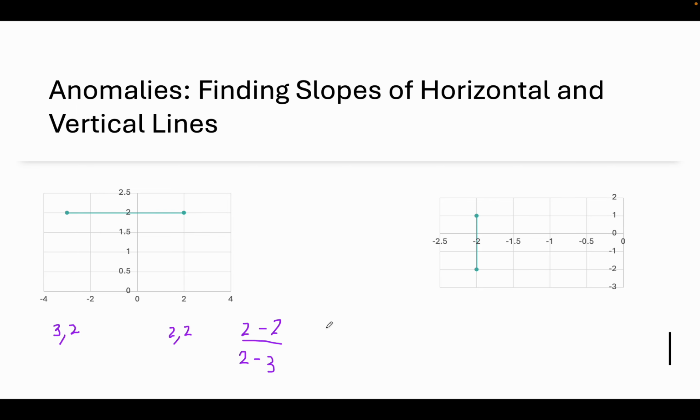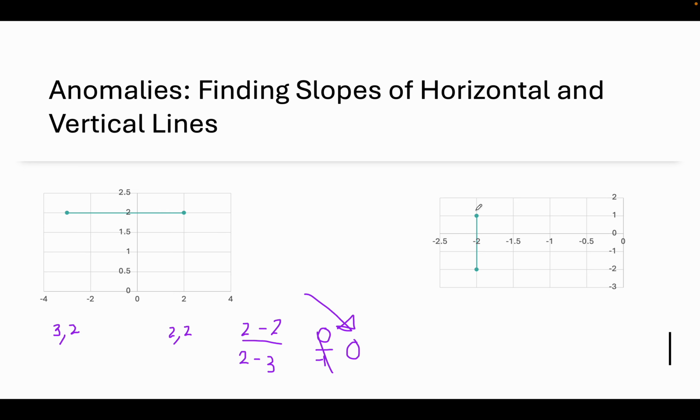What happens is I have 0 over -1. So here's the deal. 0 over -1 equals 0. Anytime you have a horizontal line, the slope will always come out to be 0.